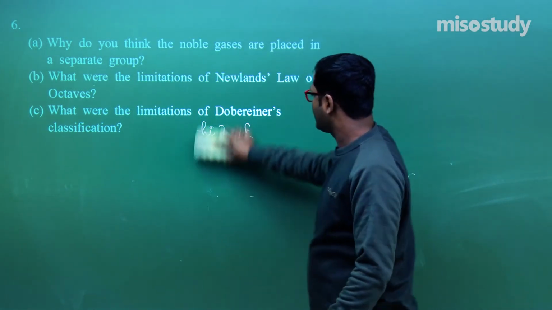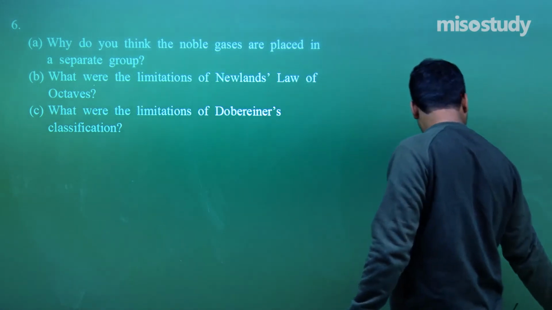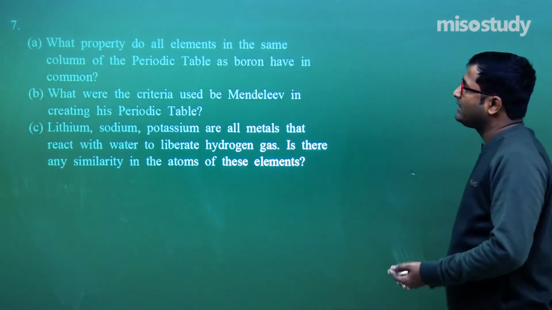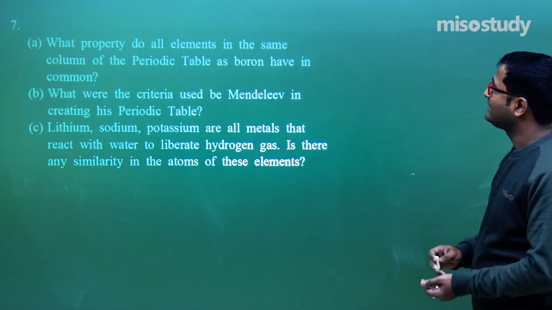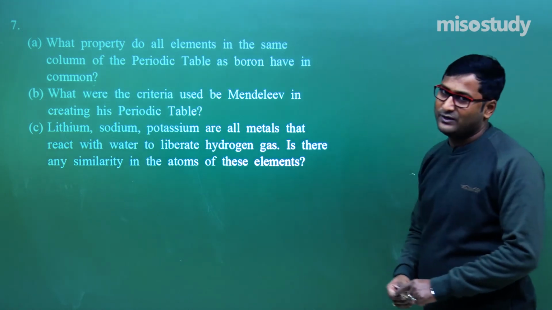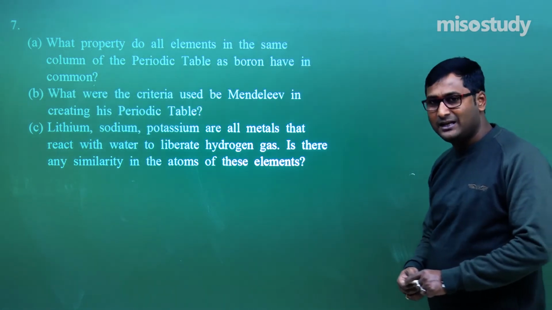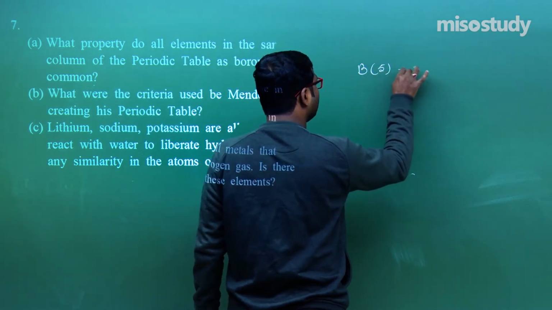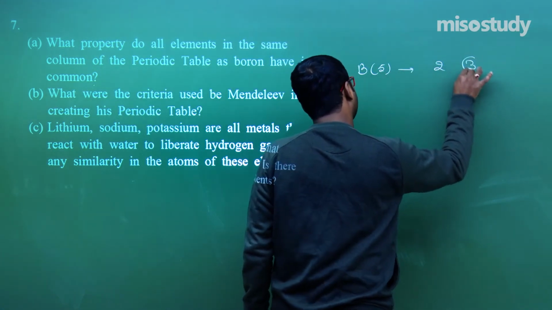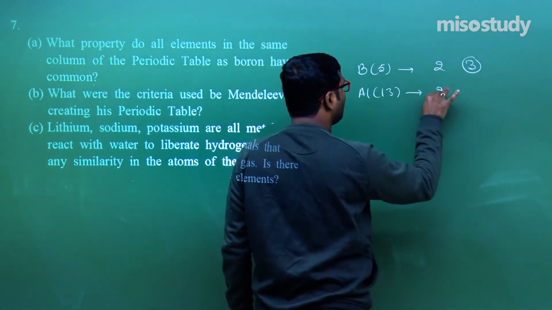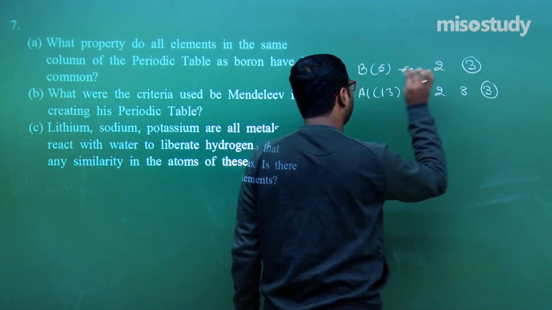The next question is question number 7. What property do all the elements in the same column of the periodic table as boron have in common? As we know, boron has 3 valence electrons, 3 valency, with configuration 2, 3. Aluminium, 2, 8, 3, will also have the same valency.